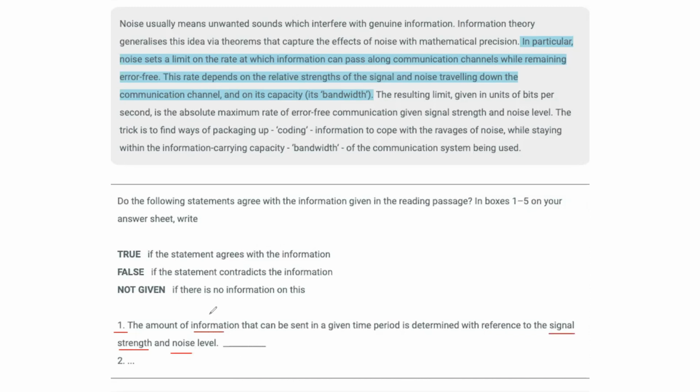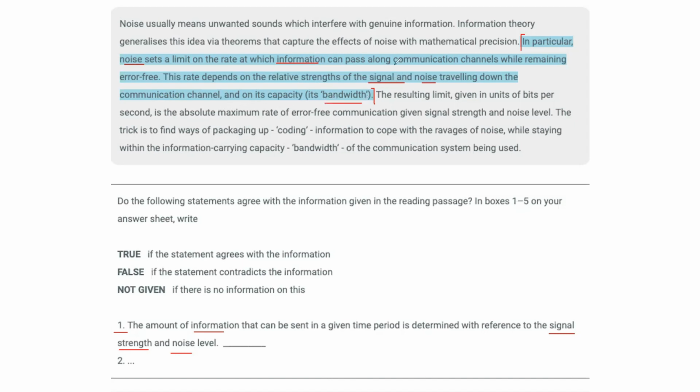And again, in the passage up above, we've already highlighted where this information would be found. So let's go ahead and read this blue highlighted sentence together. In particular, noise sets a limit on the rate at which information can pass along communication channels while remaining error-free. So we have already noise and information, okay? This rate depends on the relative strengths of the signal and noise traveling down the communication channel and on its capacity, its bandwidth.